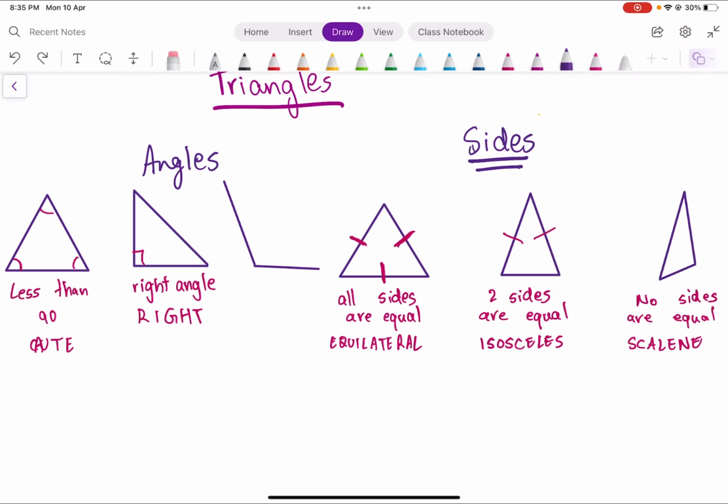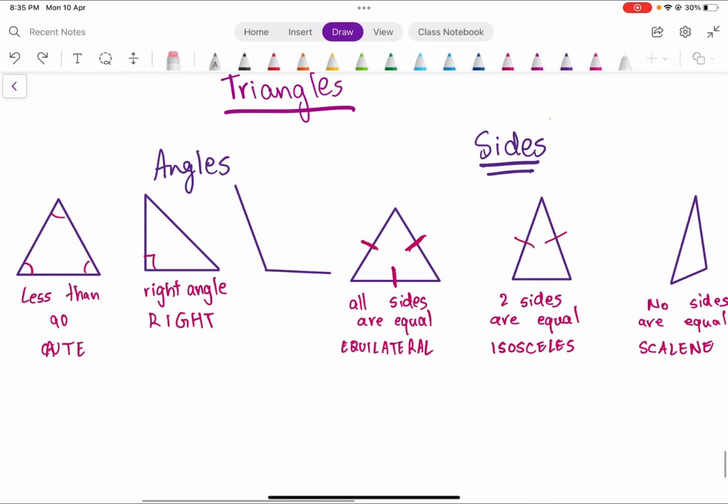Okay, so here is my very delightful obtuse triangle. Over here, you see one angle is larger than 90 degrees. So it has an obtuse angle. And just like the previous ones, this is called an obtuse triangle. So this is basically the different types of triangles.